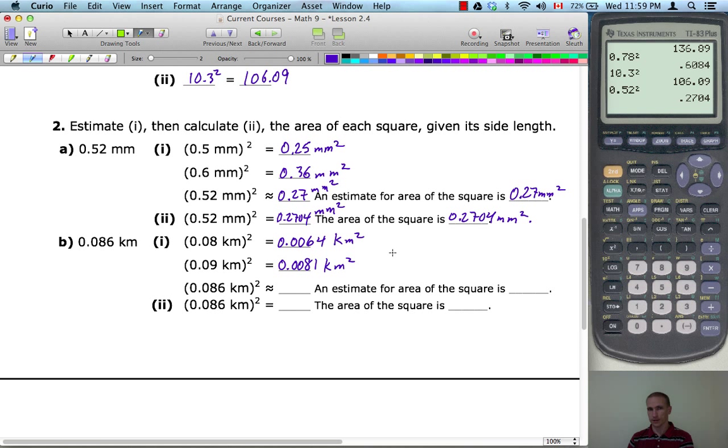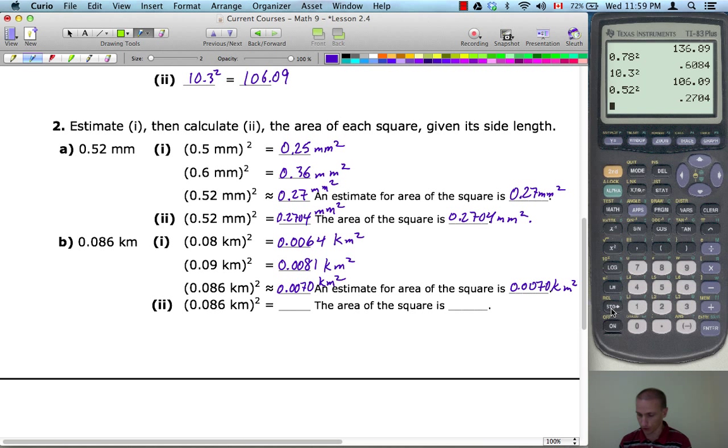So 0.86 kilometers squared should be a little bit closer to 0.0081 than 0.0064, but probably not much. So let's try something like 0.0070 kilometers squared and see if the area of the square that we've estimated is pretty close to that.